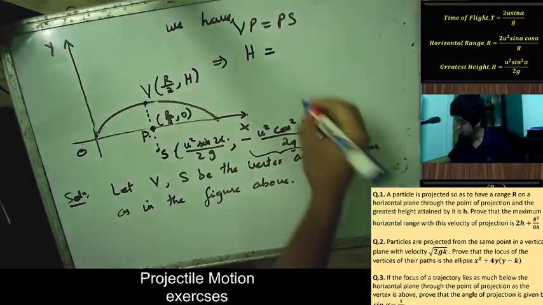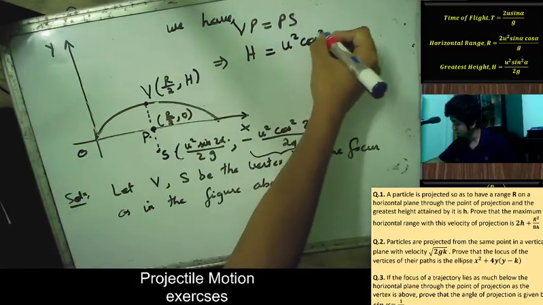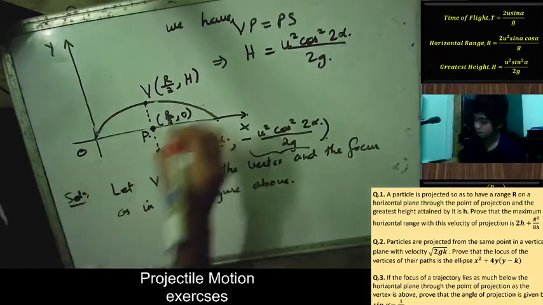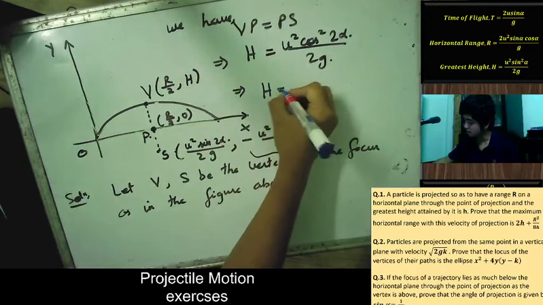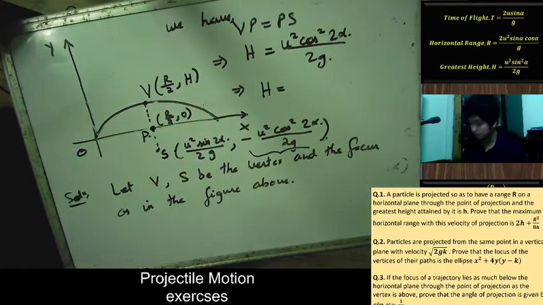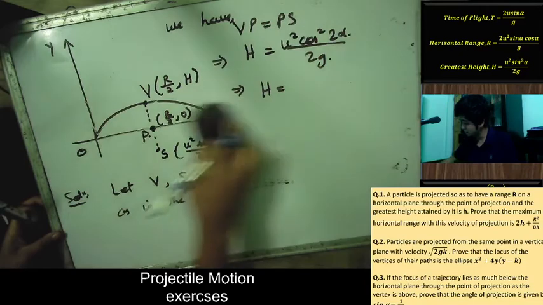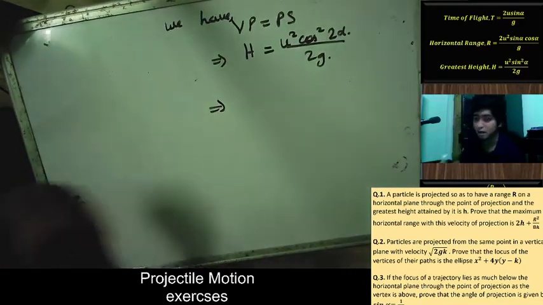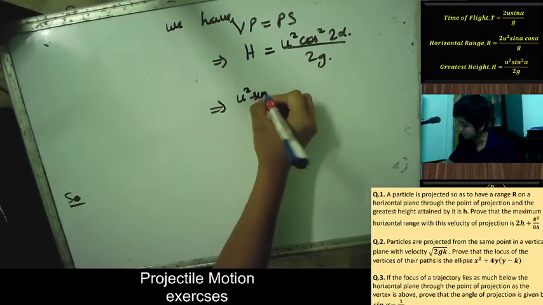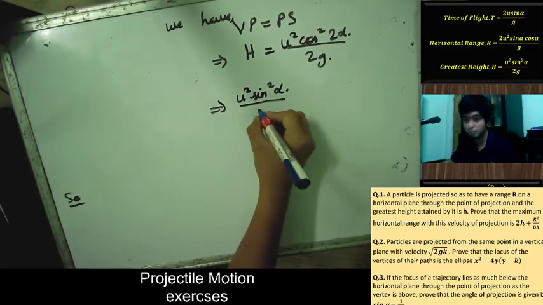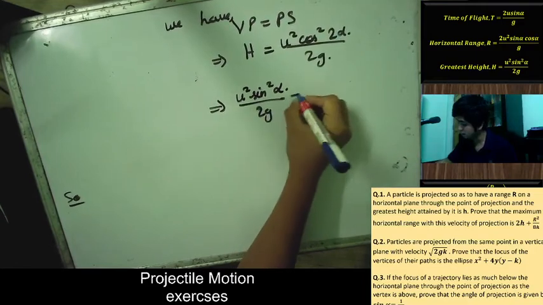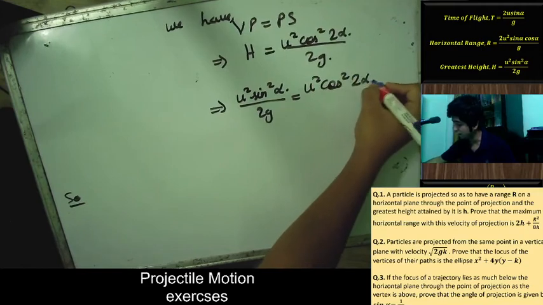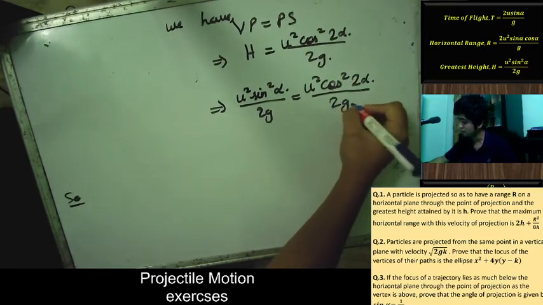So h will be u squared cos 2 alpha upon 2g. Instead of h, I will write the formula given above, u squared sine squared alpha upon 2g, equal to u squared cos 2 alpha upon 2g.